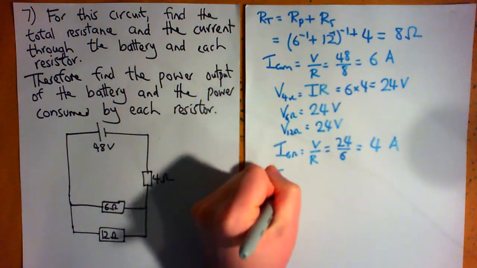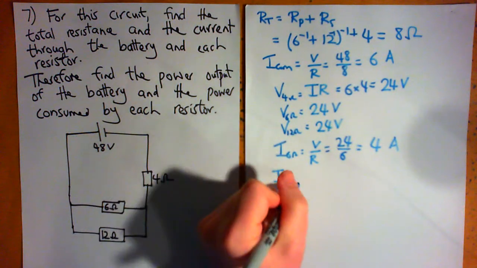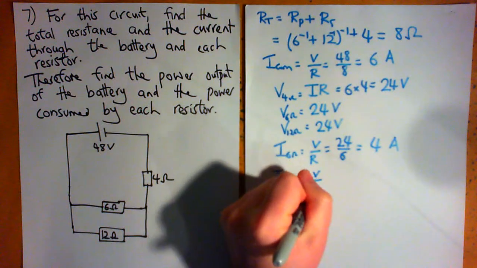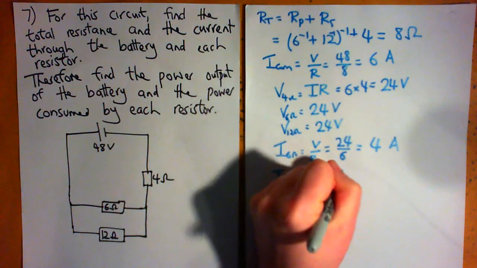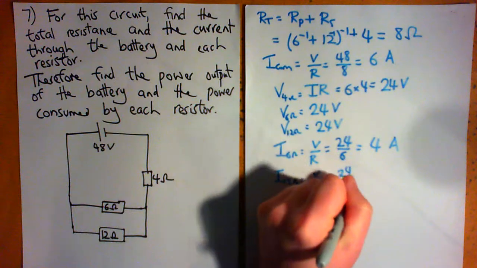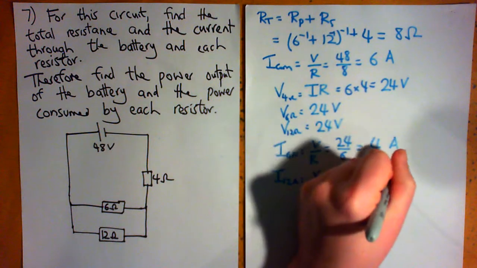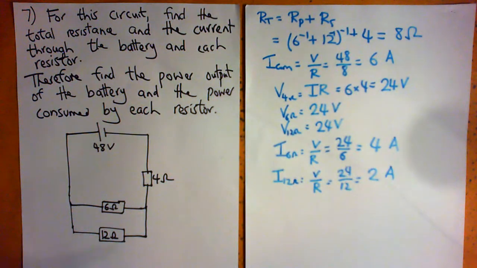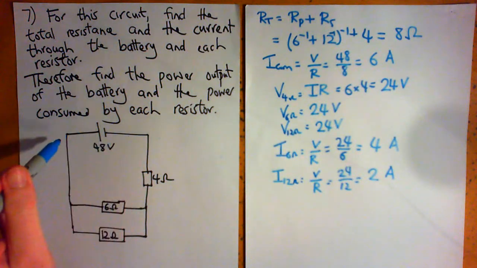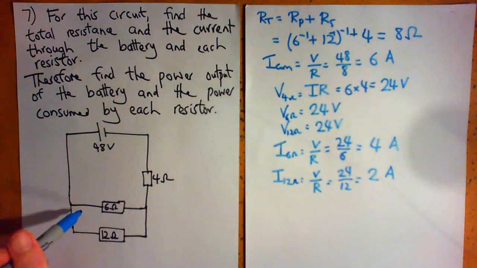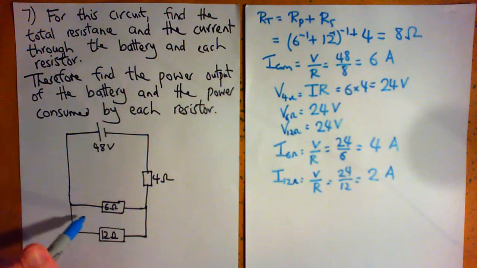Similarly, the current through the 12 ohm resistor is V over R, which is 24 divided by 12, giving us 2 amps. So we've got 6 amps around that part of the circuit, 4 amps flowing through the 6 ohm resistor and 2 amps flowing through the 12 ohm resistor. So we've got the current through each resistor.